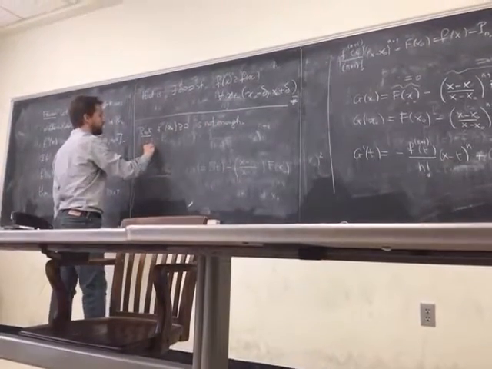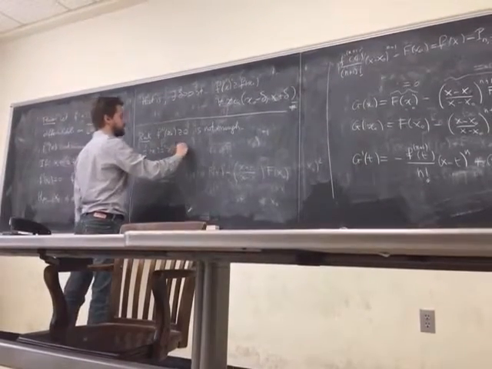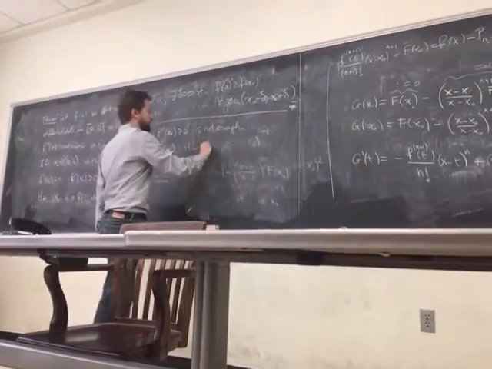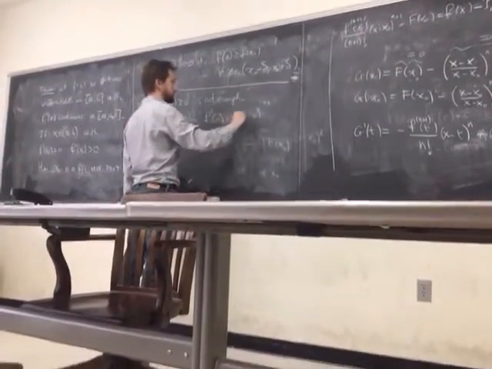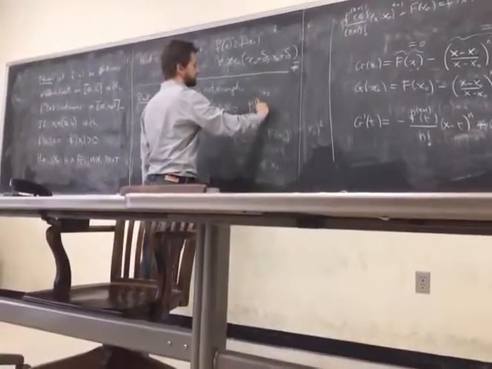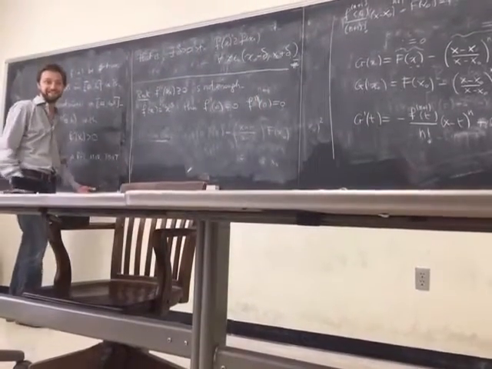Take for example f of x equal to x cubed. Then f prime of 0 is equal to 0 and f second of 0 is also equal to 0, so in particular it is non-negative, right?